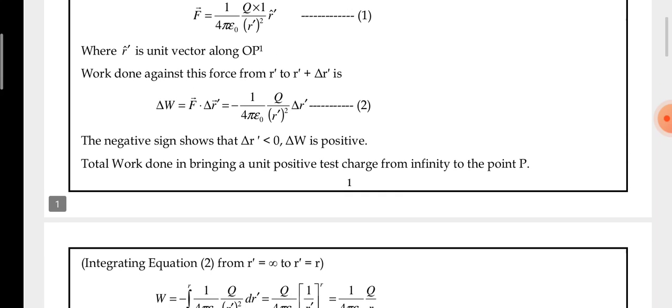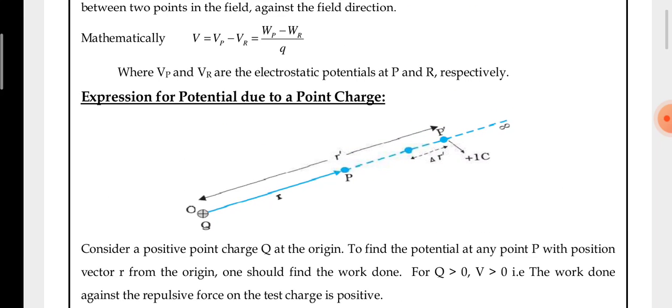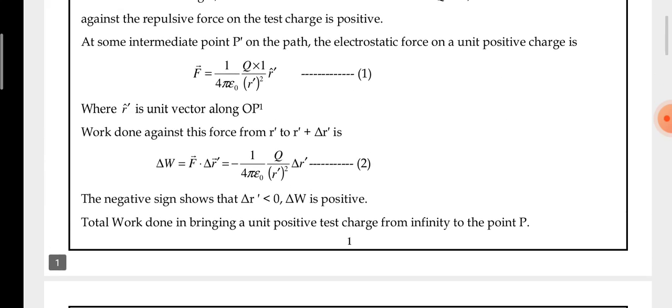Next, the work done to move the charge from infinity to point P dash, through any one of the intermediate points, is a small displacement delta R dash. Basically, we know that work done is defined as the dot product of force and displacement. So for a small displacement, small work done delta W equal to F bar dot delta R bar dash.